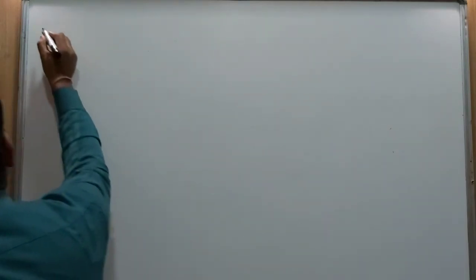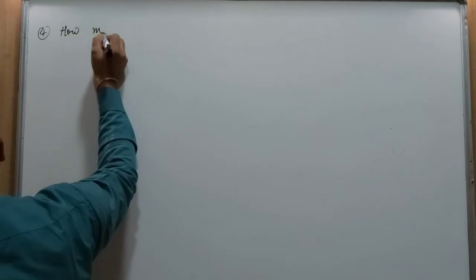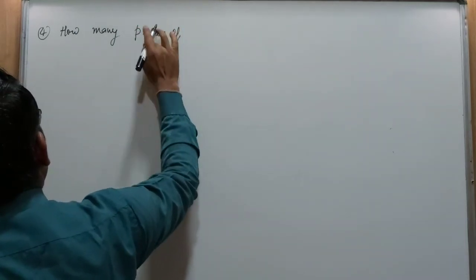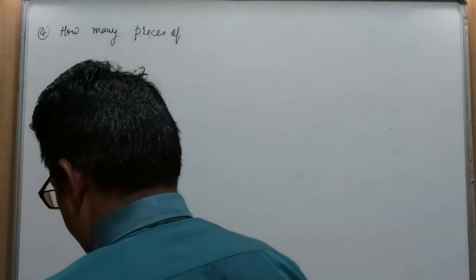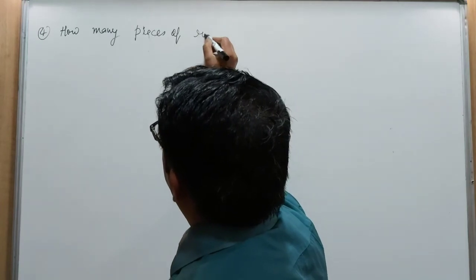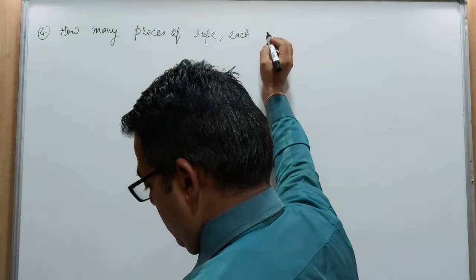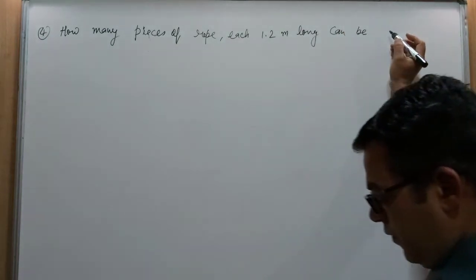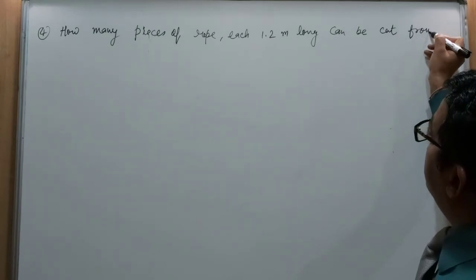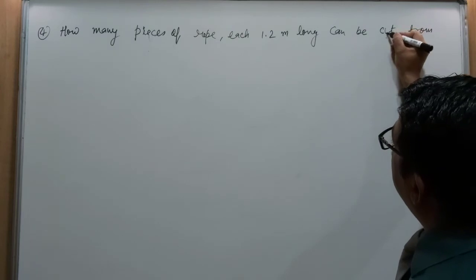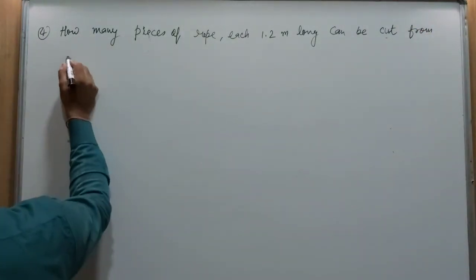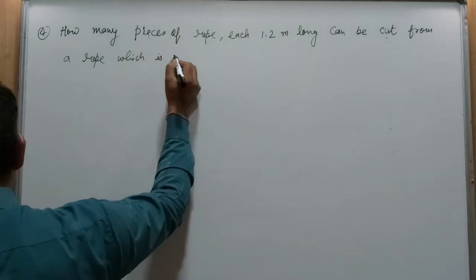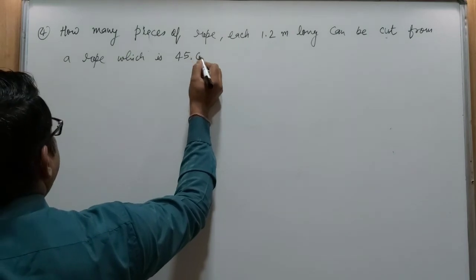Question is, how many pieces of rope, each 1.2 meter long, can be cut from a rope which is 45.6 meters.